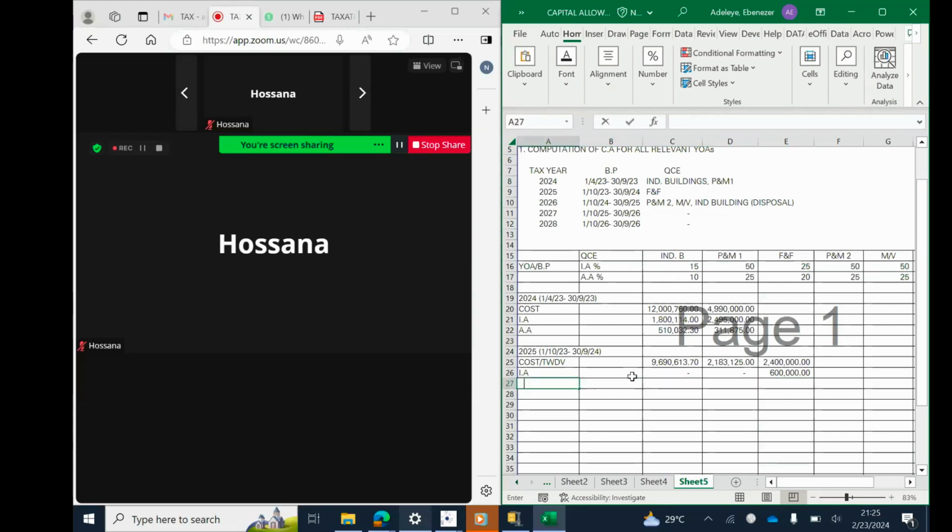But now all of them would enjoy annual allowance, because annual allowance is annual. To compute the annual allowance for each of them, don't forget that here we already prorated. But in this year, the asset has now used the full 12 months.